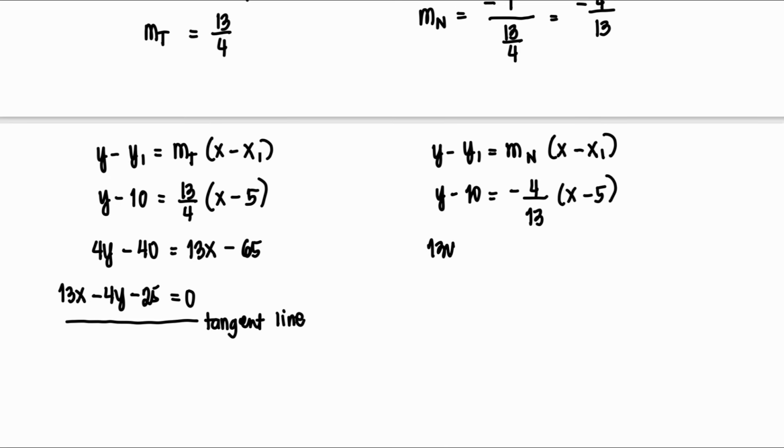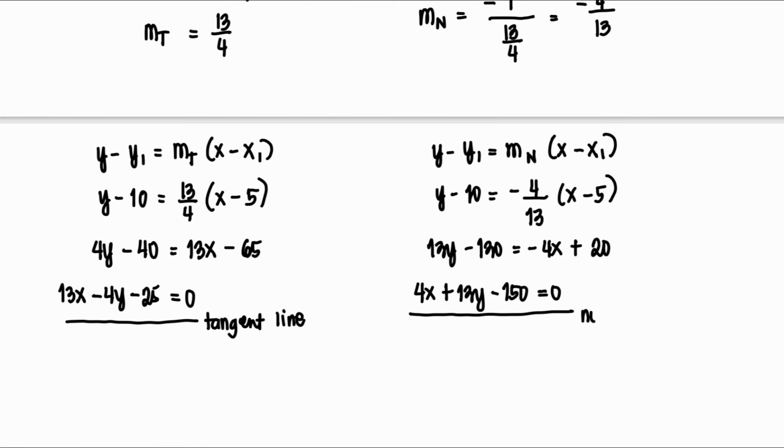So you have 13y minus 130 is equal to negative 4x plus 20. Simplifying, we have 4x plus 13y minus 150 equals 0. So this is the equation of our normal line.